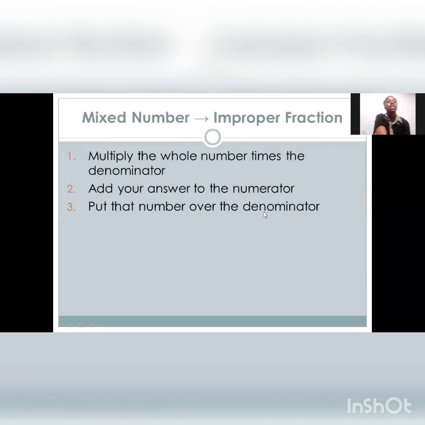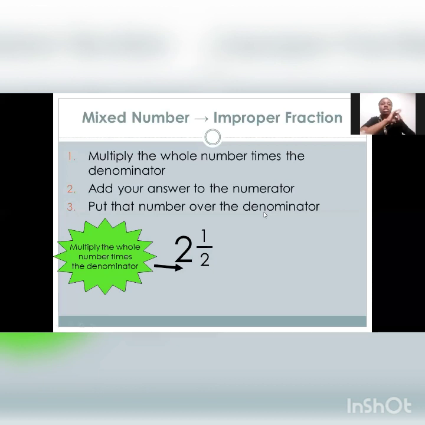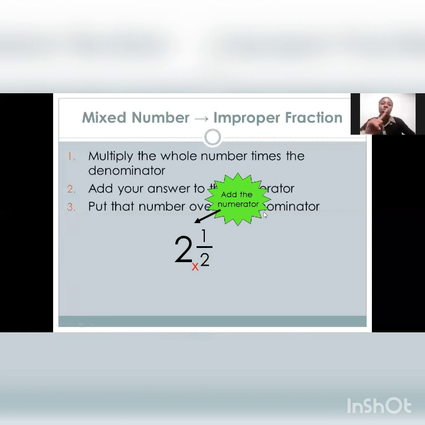So let's look at an example. 2 and 1/2. Remember, you want to pay attention to the first step, which is multiply the whole number times the denominator. Then we look at the second step, which is add the answer to the numerator. Now, what did we get when we multiply 2 times 2?